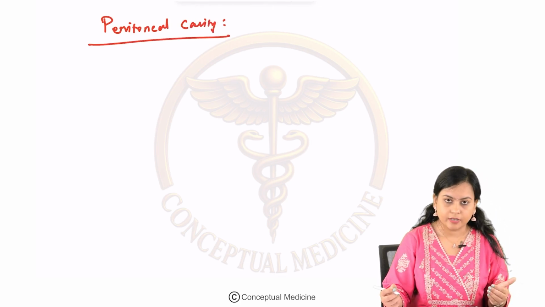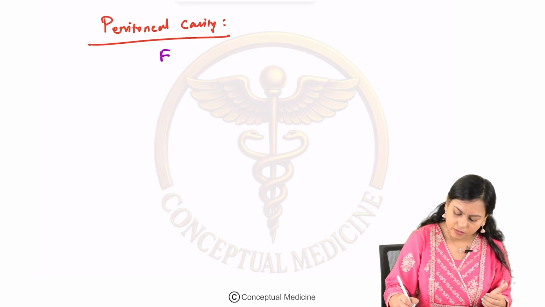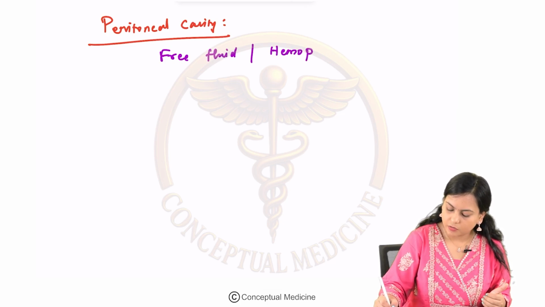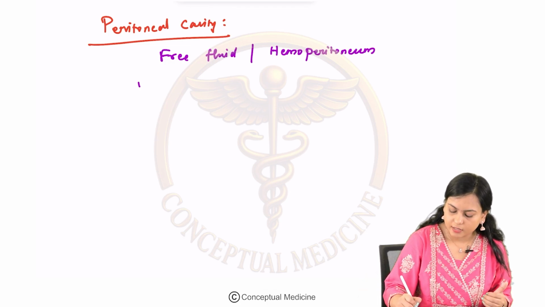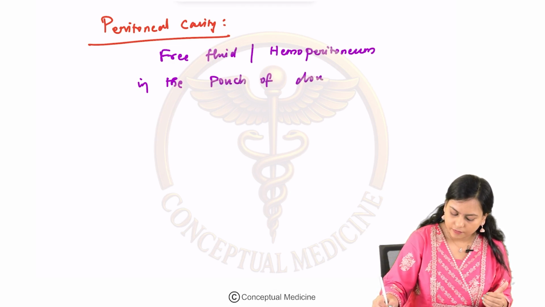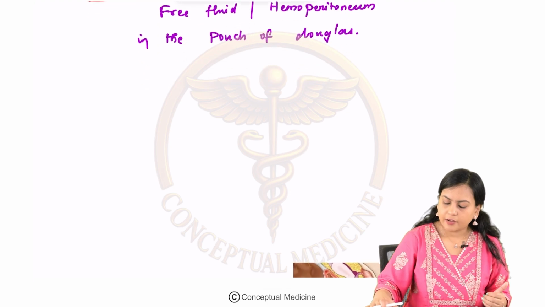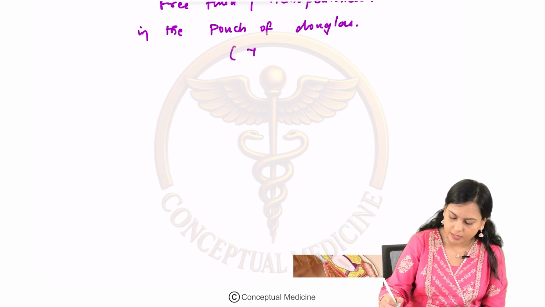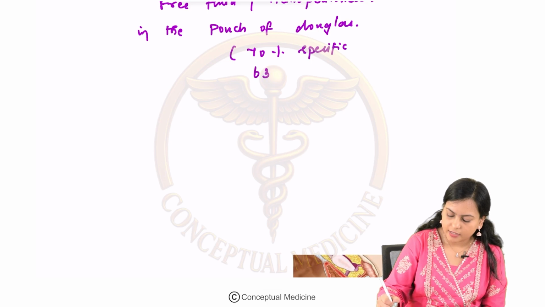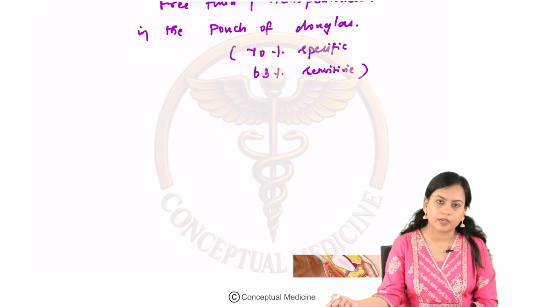Now remember, in the peritoneal cavity there can be free fluid or hemoperitoneum, present in the cul-de-sac or pouch of Douglas. When you see hemoperitoneum or free fluid in the pouch of Douglas, it is 70% specific and 63% sensitive for ectopic pregnancy. Clear?